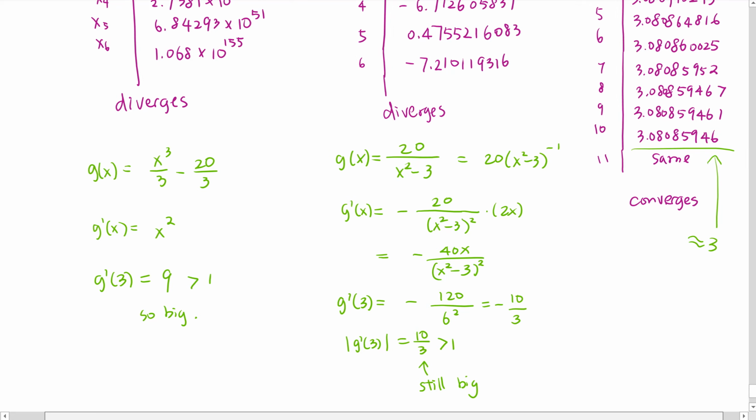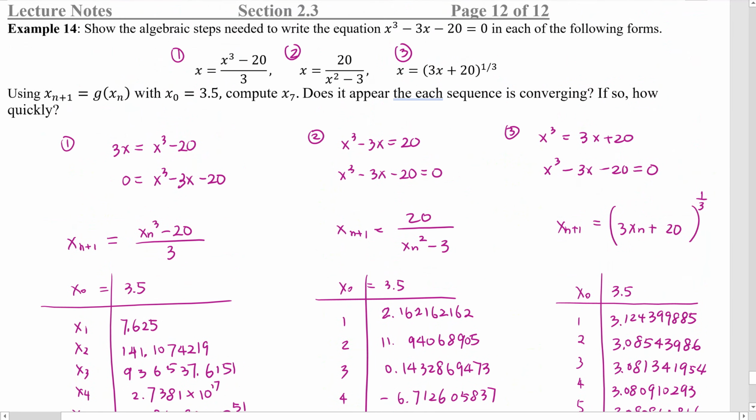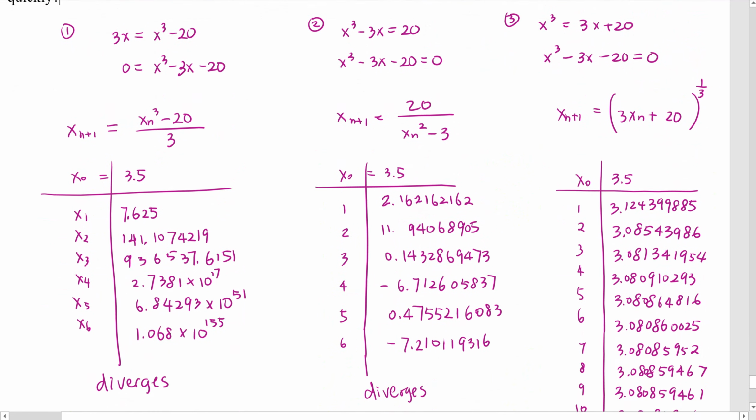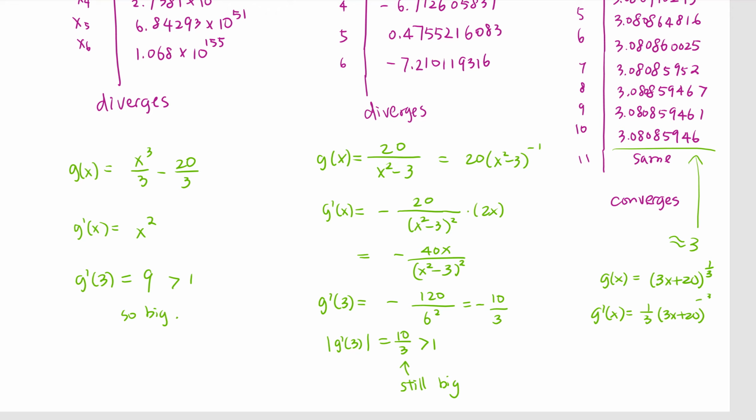Okay, lastly, that is the cube root of 3x plus 20. Chain rule: 1 over 3, 3x plus 20 to the minus 2 over 3, times the chain rule factor, which is 3, right?